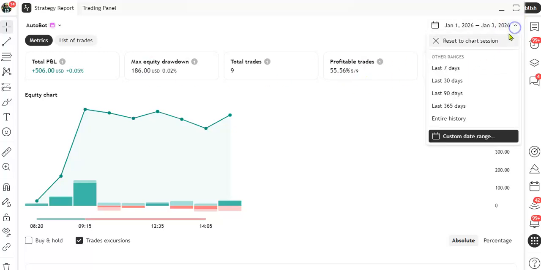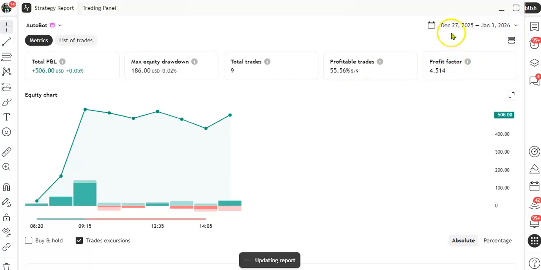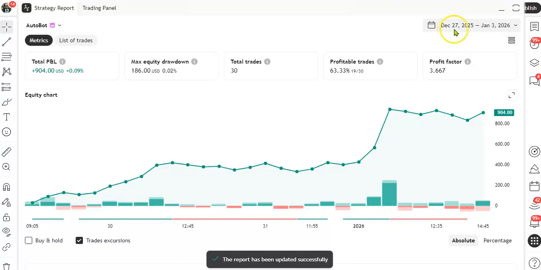But let's go here. Let's just look at the last 7 days. That's December 27th through January 3rd. It made $904, with that same equity drawdown of only 186. It took 30 trades, so it's averaging 5 to 6 trades a day, with 63% winners.